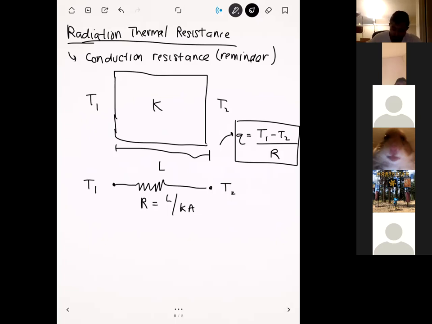I'm going to tell you that we can use this exact same concept for radiation with a little bit of a twist. So let's say that we have two surfaces here, and they're radiating on each other.